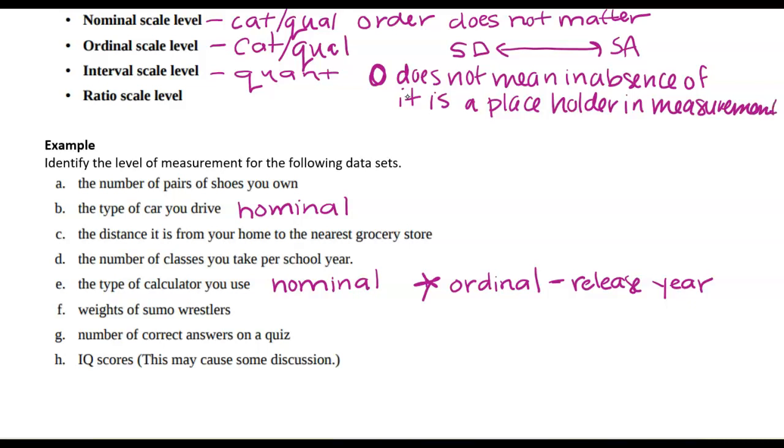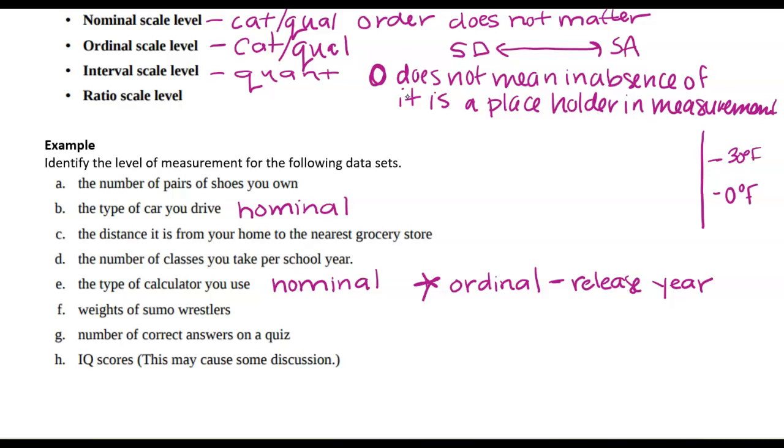For example, if you're thinking about temperature, you can have 0 degrees Fahrenheit, but it doesn't mean absence of heat. It just means the heat is colder than maybe 30 degrees Fahrenheit.